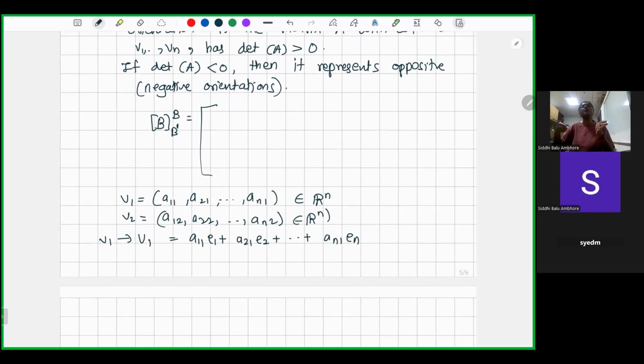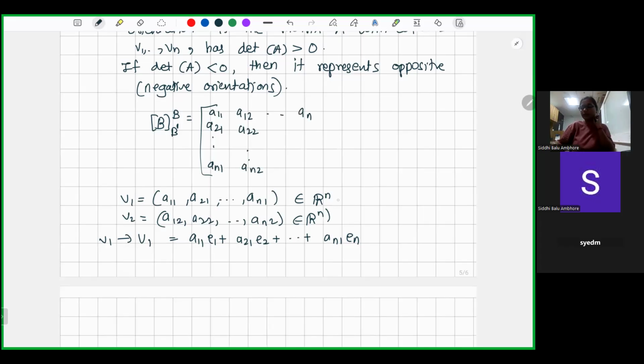Now we just have to write the image of V1 with respect to my original standard basis. So it will be just A11, A21, AN1, that is V1 in column format, right? And similarly it will happen with everything: A12, A22, AN2, and so on.